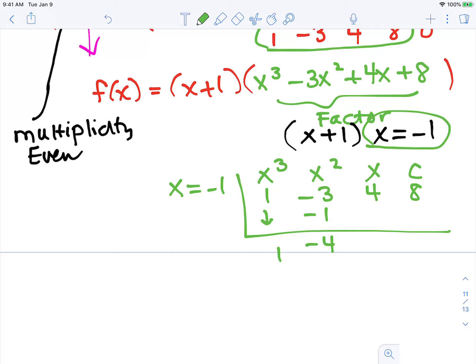Add. Multiply. Add. Multiply. Add. We get another 0 because that remainder is 0 when we synthetically divide. So what's left is a quadratic function.